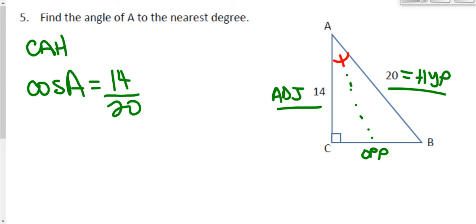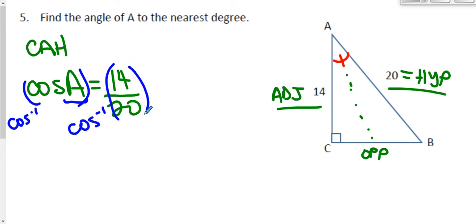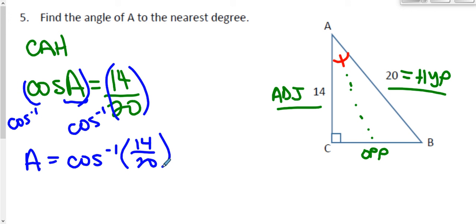Now I do want to get A by itself. A is currently inside the cosine function. So I have to undo the cosine by using its opposite. And the opposite of cosine is inverse cosine, which looks like a cosine with a little -1 symbol. So inverse cosine for both sides, A will now be alone, and all I have to do is type in the inverse cosine of 14 over 20 into my calculator to get my answer.